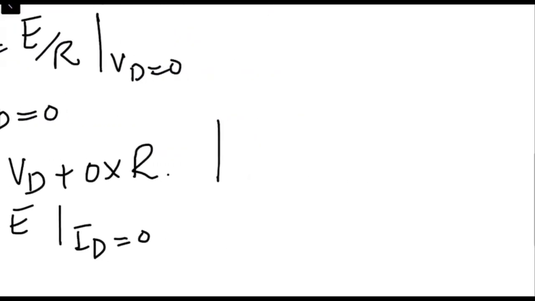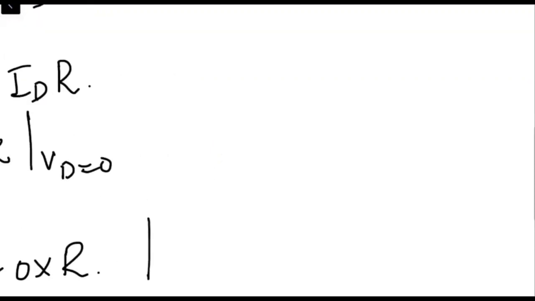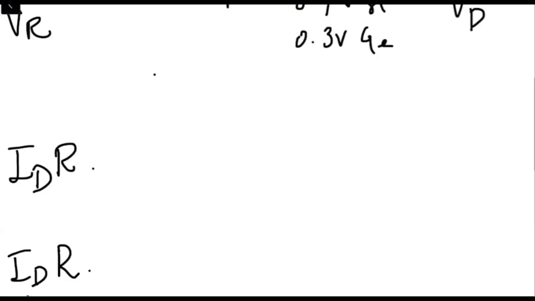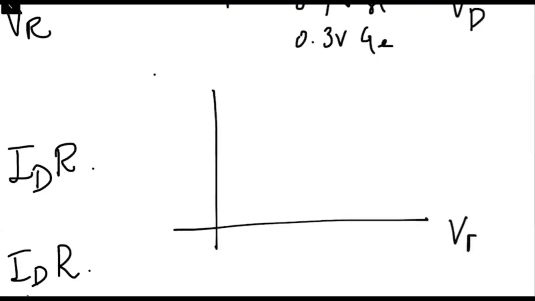So this means, if we say we have VD and we have ID, right? If VD is equal to 0, this means we are at this point, right?